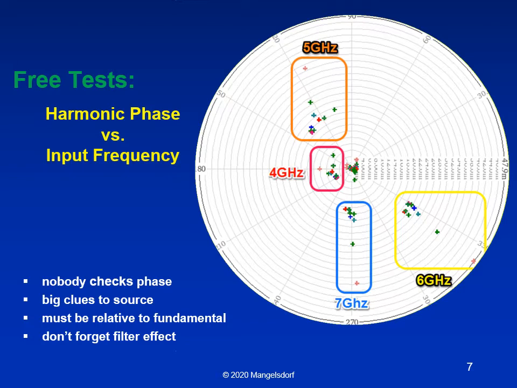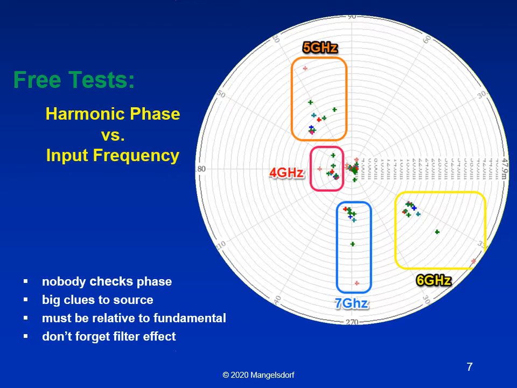But what people usually don't do is check how the harmonics behave versus input frequency. And if they do, they almost never check the phase, which is interesting because the phase carries a lot of information about what is causing the harmonic distortion.